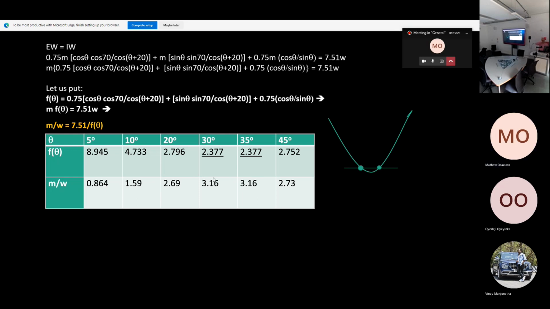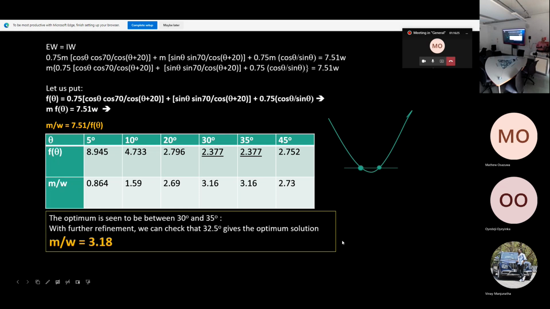And you can see we've got M over W is 3.16. So therefore, definitely, there is an optimum value between 30 and 35 degrees. Using your calculator, you start fine-tuning. For example, you try 31 degrees, 32, until you see that you've got your optimum value graphically. With further refinement using a calculator, you will find that the actual optimum is exactly midway between 30 and 35, which is 32.5 degrees.